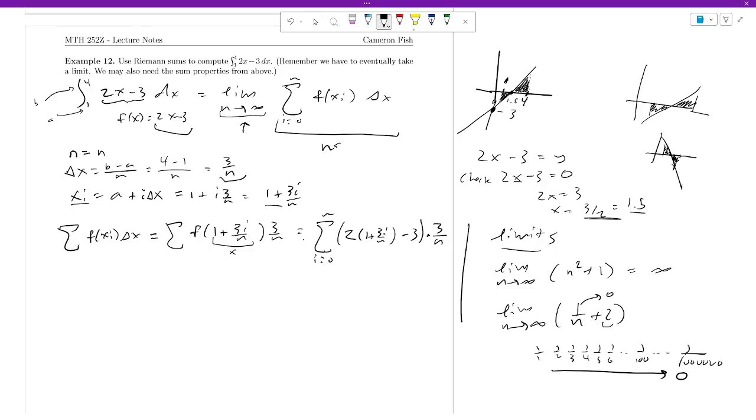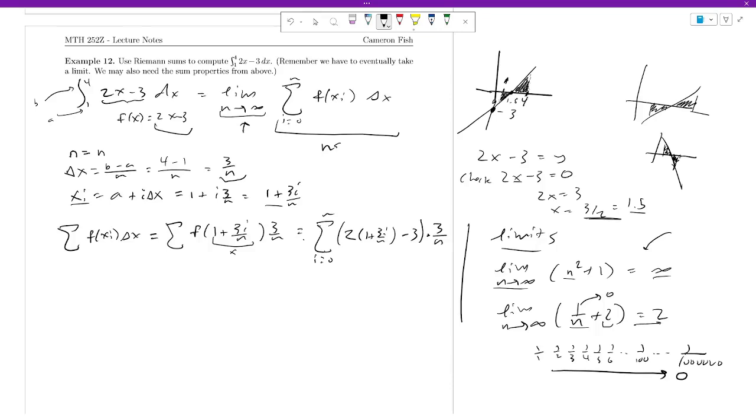But then I still have this 2 left over, so this ends up just being 2. Sometimes the presence of an n and n going to infinity means we end up with infinity. But sometimes there's an n, maybe in a fraction, that means it ends up approaching a specific finite number. That's what's going to happen here.